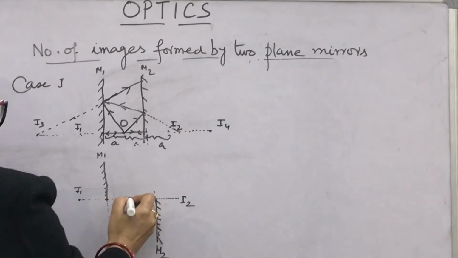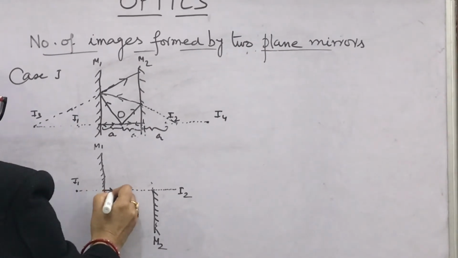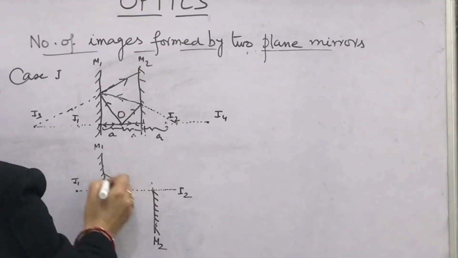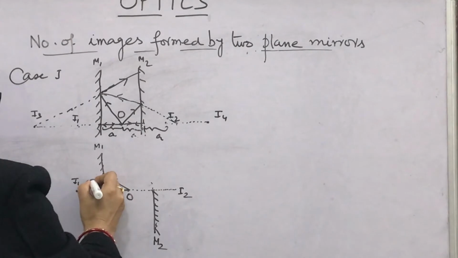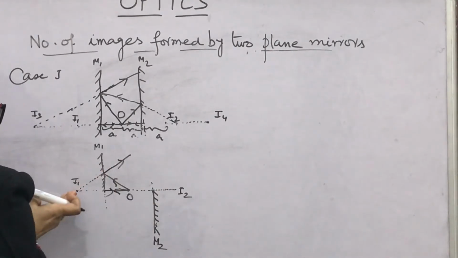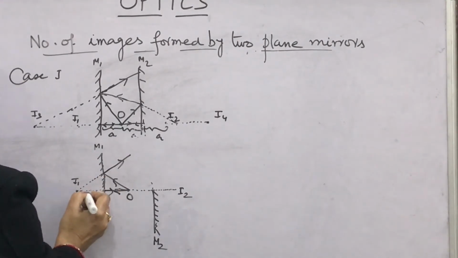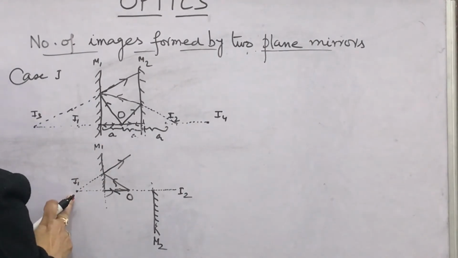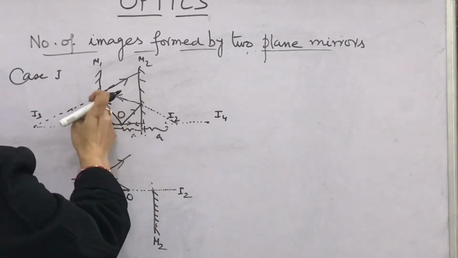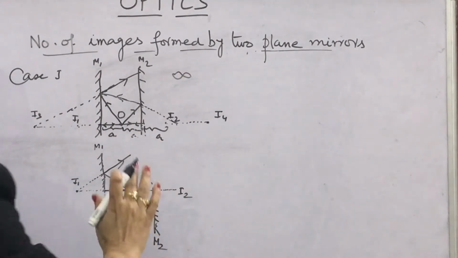If you see that one ray is incident and reflected back, and the other ray is at this mirror at this point, it is supposed to be reflected in such a way that it seems to be coming from I1. So this ray and this ray, two minimum rays are required to form the image. So this is I1. Now in front of this ray there is no mirror, like here in front of this ray there was a mirror, then further reflection would take place. So the number of images would be infinite.